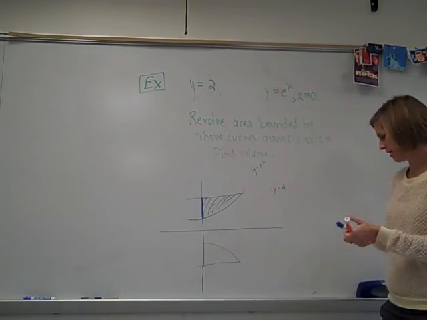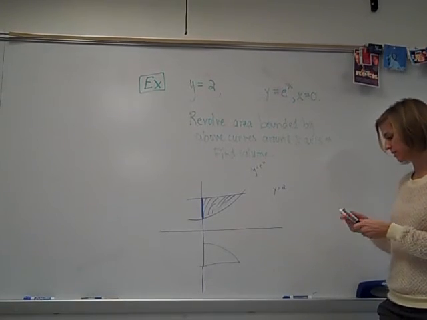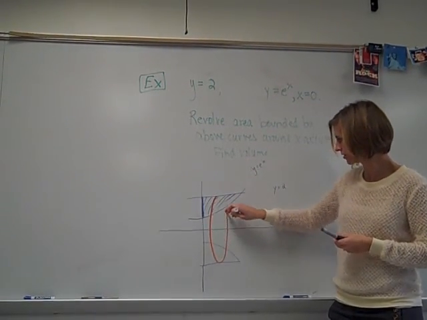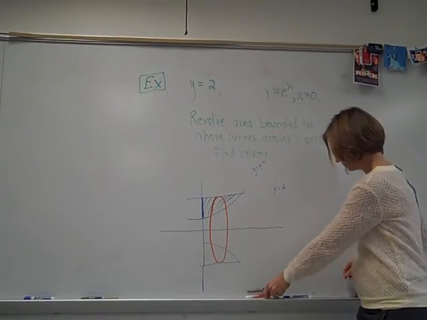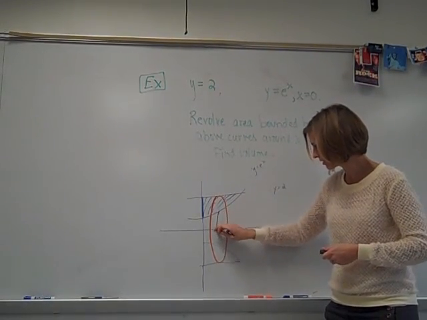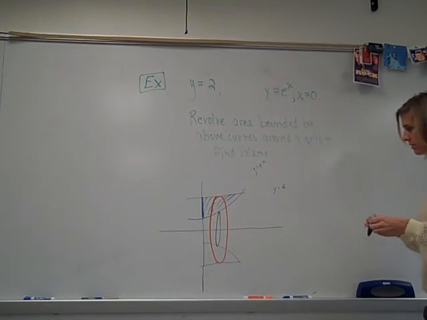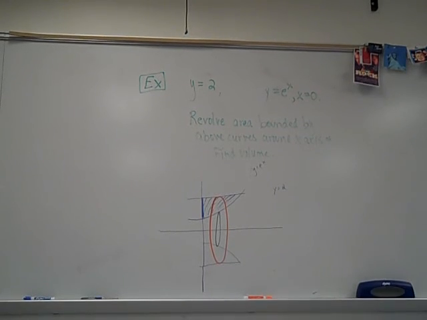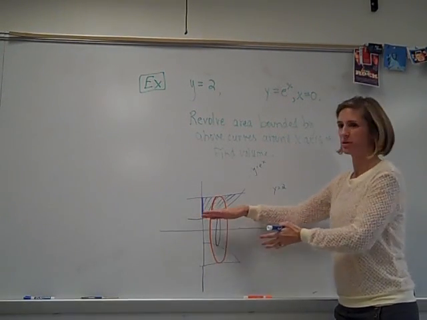I'm talking about the area. So let me take a different color. I've got this outer circle here, inner circle here. Do you see that once I rotate this and I have a volume, it has a complete hole in the middle, like I can see through it?